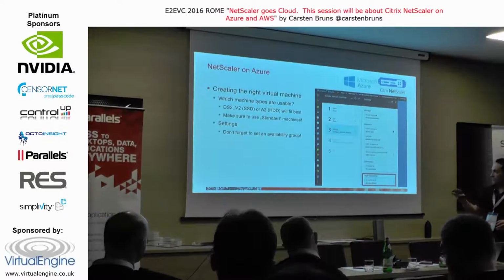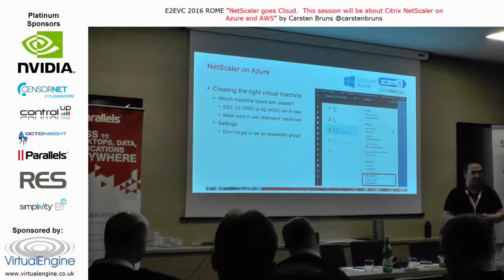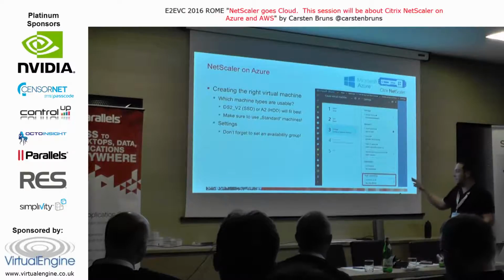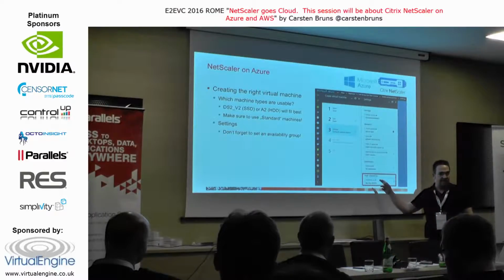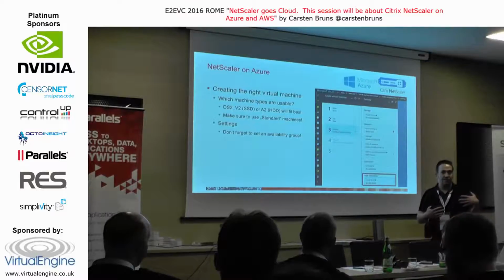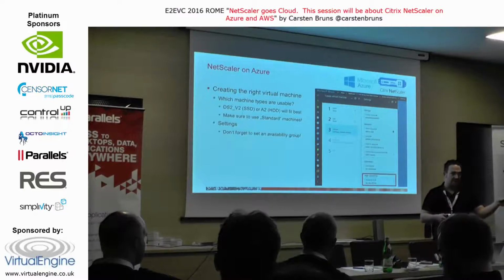First of all, you need your availability group. It's a setting in Azure you can't change after creating your machine. So you have to set it right here. If you don't set it, you will not be able to put two NetScalers in one Azure load balancer.